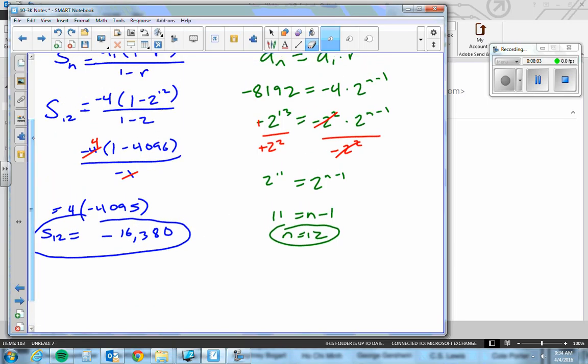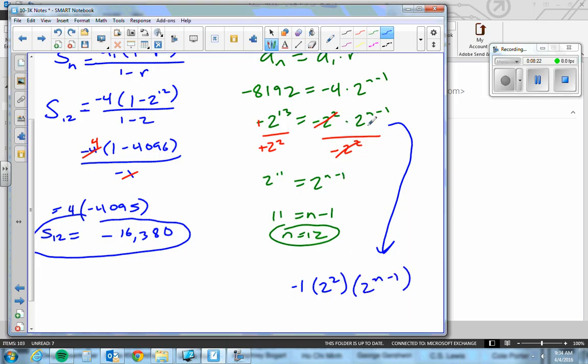By the way, I feel compelled to mention one little thing we could have done differently. Right here, first of all, like I said, that is not -2 to the power. It's really -1 times 2 to the power 2, or the opposite of 2 to the power 2. All I'm saying is, you could have actually just combined these, couldn't you? Actually drop the negative sign here on both sides, because it's going to cancel anyway.